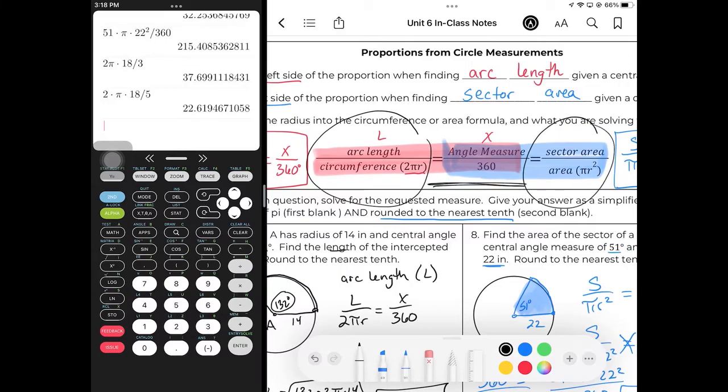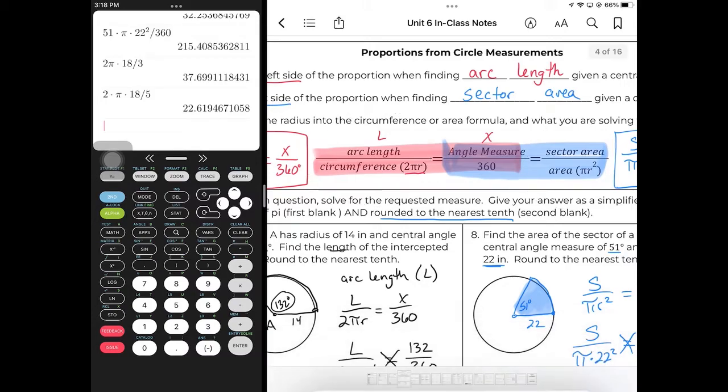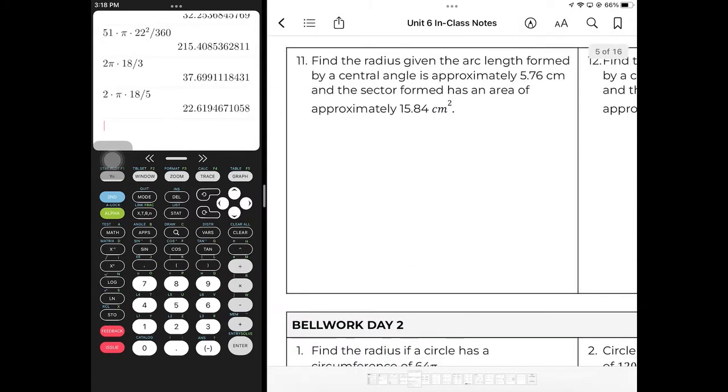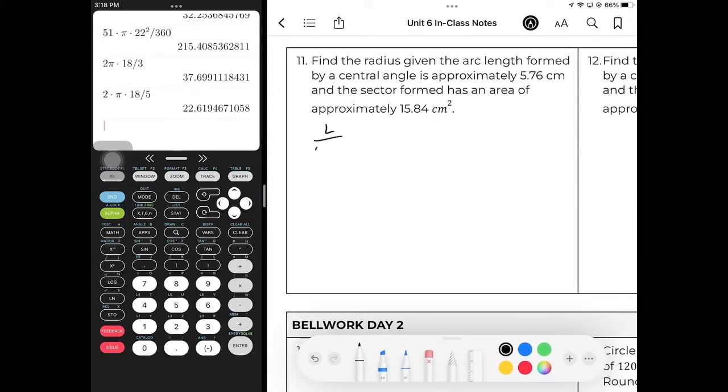So these two are actually equal to each other. So that's what I'm going to start with. I know that arc length out of 2 pi r has to equal the same thing as sector area out of pi r squared.